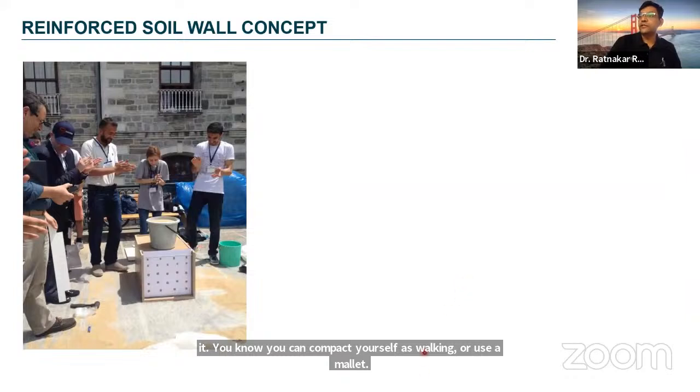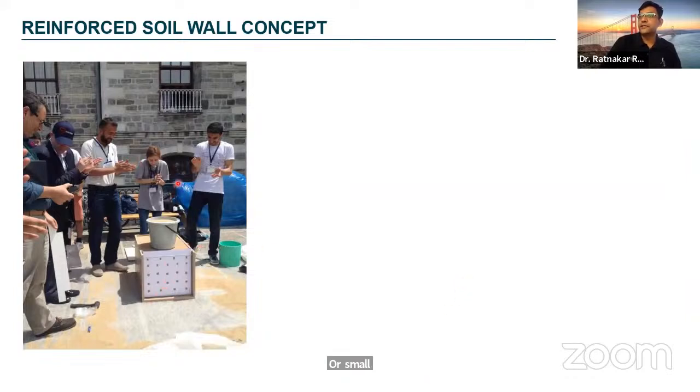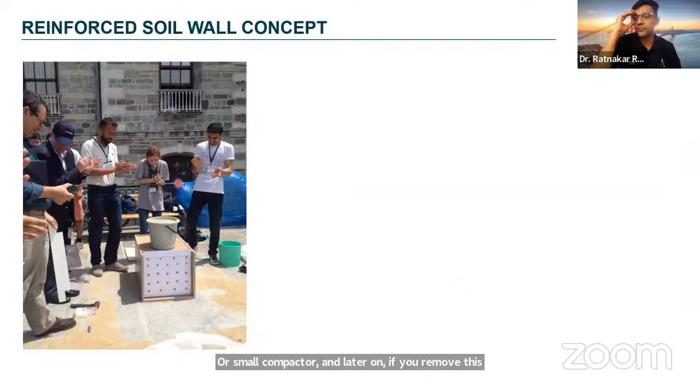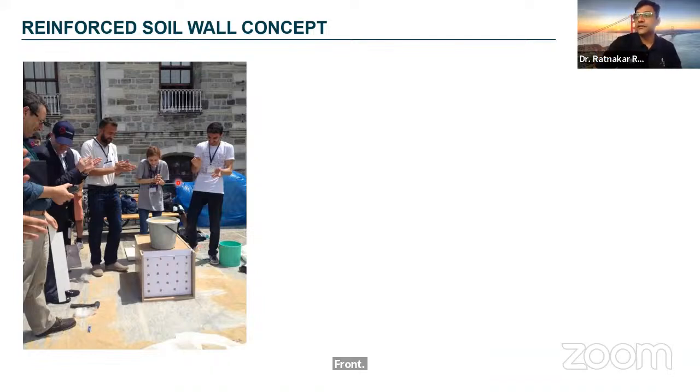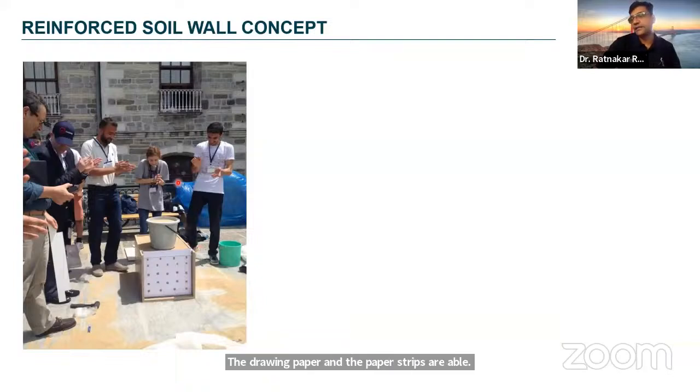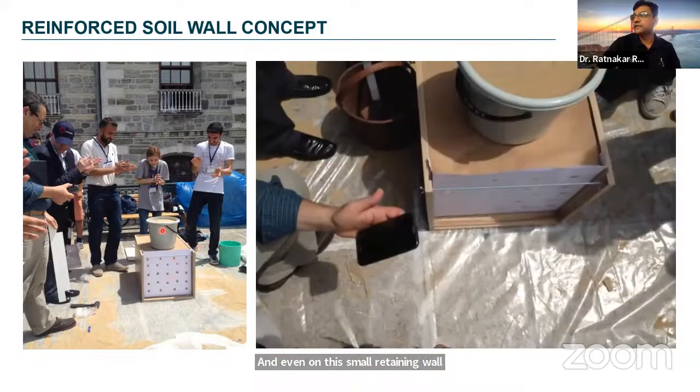And later on, if you remove the front portion of the box, you will find the drawing paper and the paper strips are able to hold the soil completely vertically. Otherwise, it would have been at an angle, which is the angle of repose. And even on this small retaining wall, an additional structure is being placed.